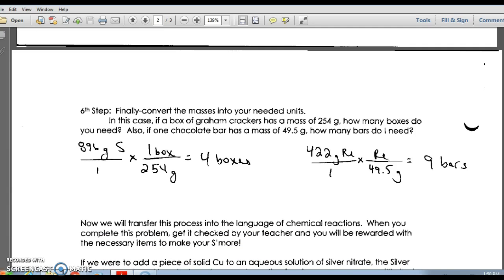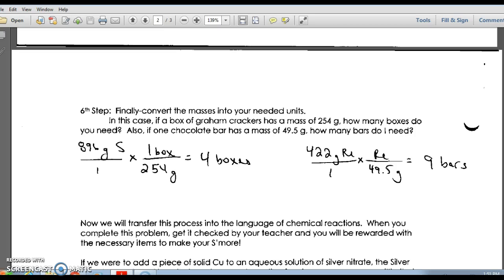Since I need 896 grams of graham cracker and each box contains 254 grams, if I divide those, I get something around 3.5, and they're not going to let me buy 3.5 boxes of graham crackers, so I'm going to buy 4 boxes to make sure I have enough to use up all my marshmallows, because that's my goal.